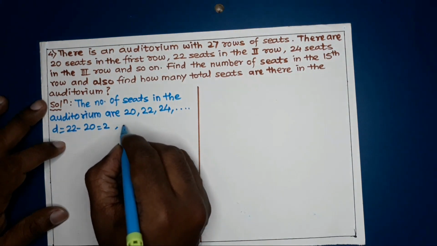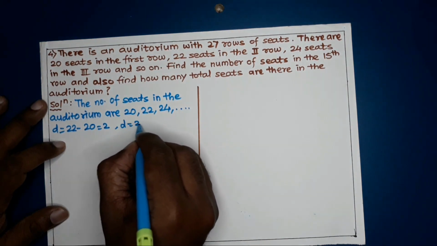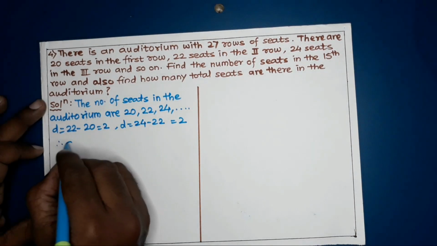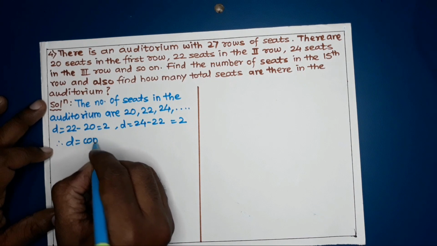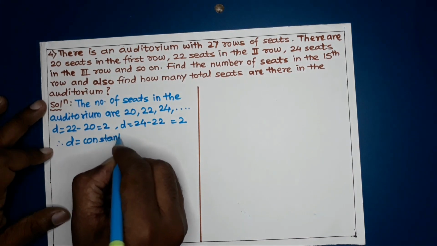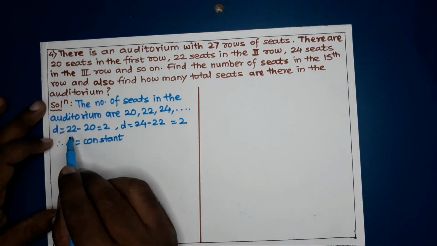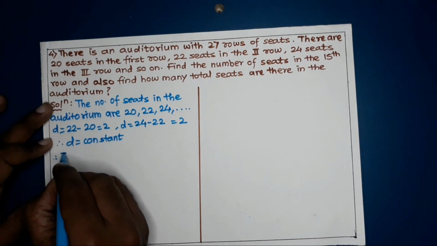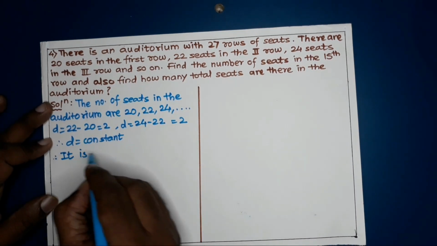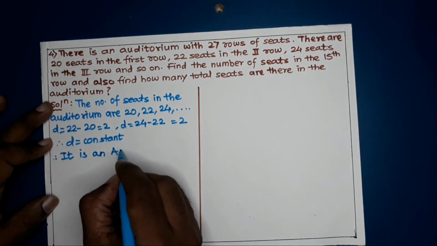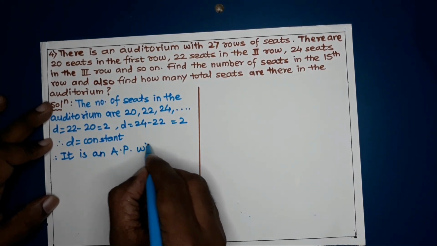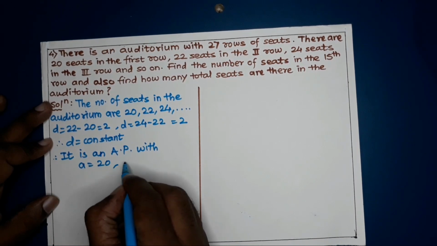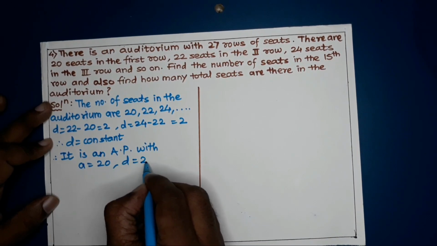Again d is equal to 24 minus 22, again we get 2, means here we get d is equal to constant. Instead of writing d, you can write T2 minus T1, T3 minus T2. Therefore it is an AP. It is an AP with a equal to 20 and d equal to 2.